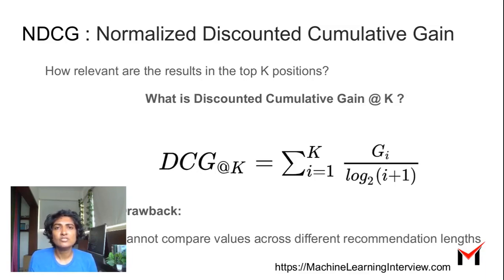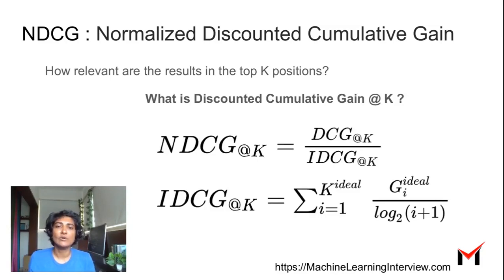Now, the first one will usually have a smaller score than the second one, which has more terms, and because of which it will just end up with a larger score, and it's really hard to compare which one is doing better. So the normalized discounted cumulative gain is the same as the discounted cumulative gain, but it is normalized so that you can compare apples with apples when you look at 2 different recommenders.